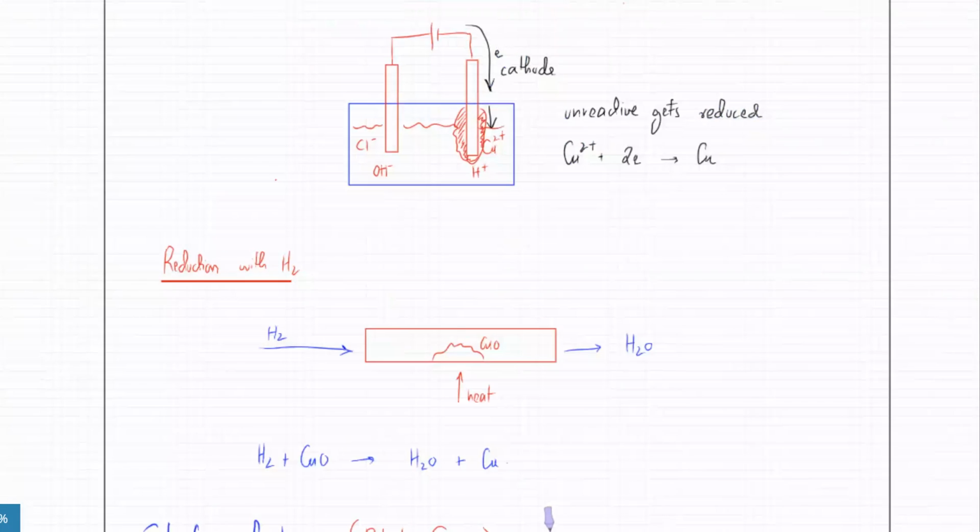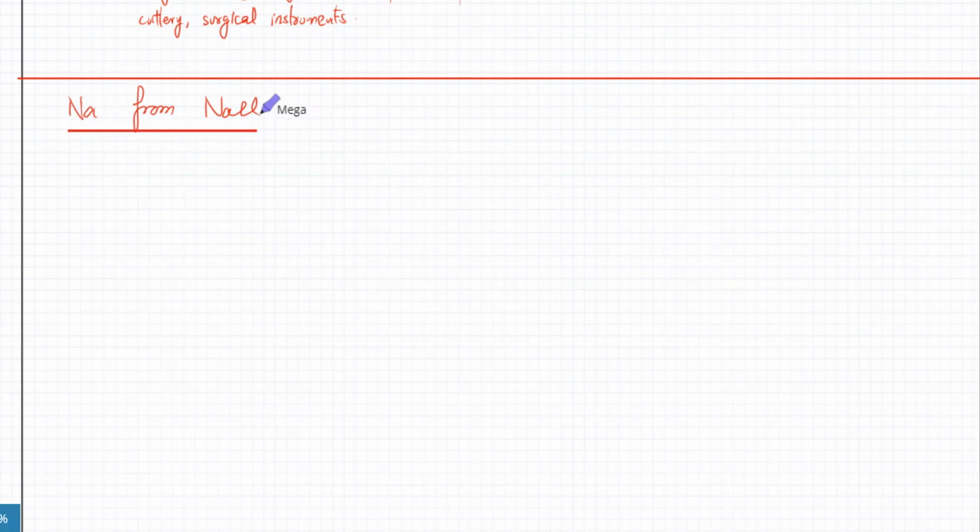For example, if I go back and have a look at NaCl, how would you extract sodium metal? The only possible way is electrolysis, but not of aqueous solutions, but of molten NaCl. So if I want to extract Na from NaCl, this is what's going to be done.